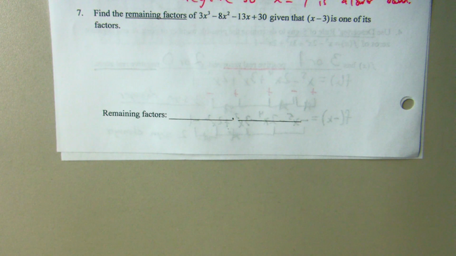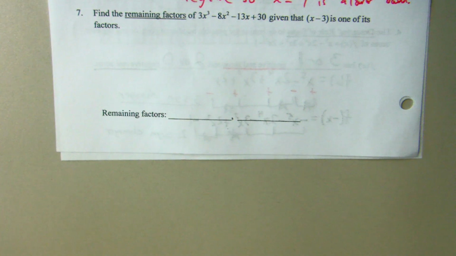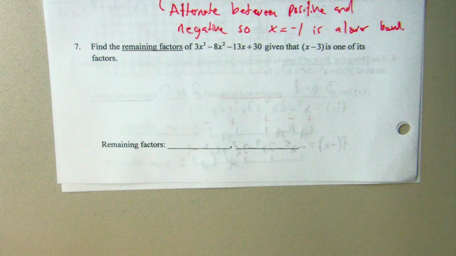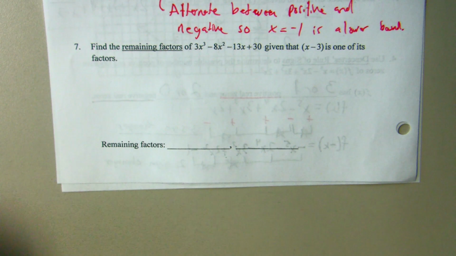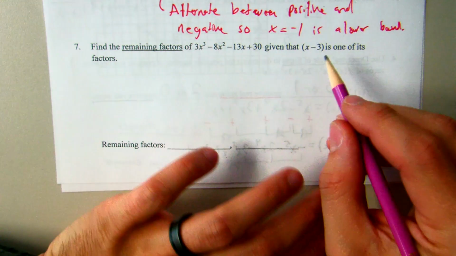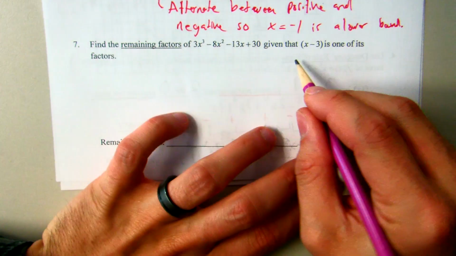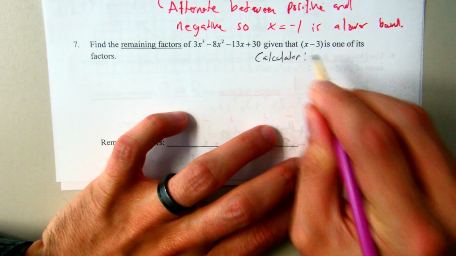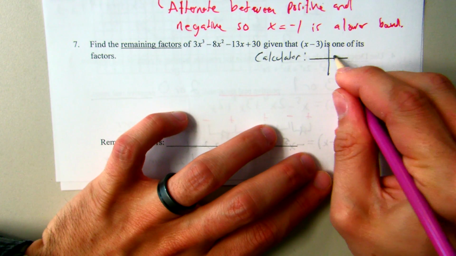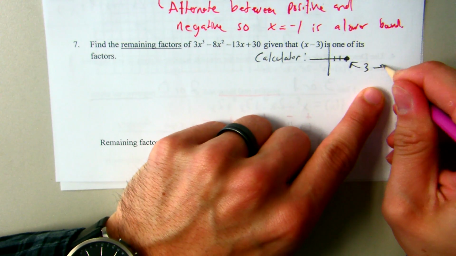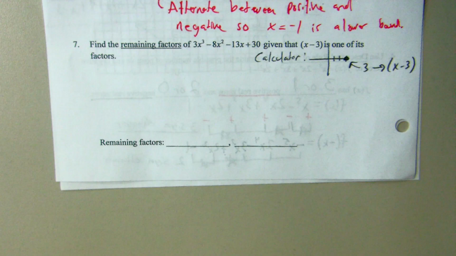On to number 7. Find the remaining factors of this, given that this is one of the factors. So the second question, we could either give you a calculator and you could graph it and see that it has a 0 at 3, which means it has a factor of x minus 3, or we could just give it to you in the directions.